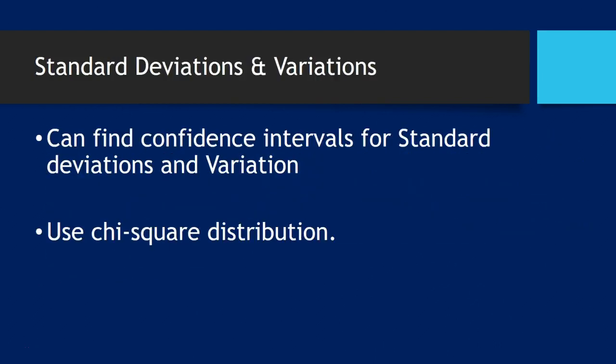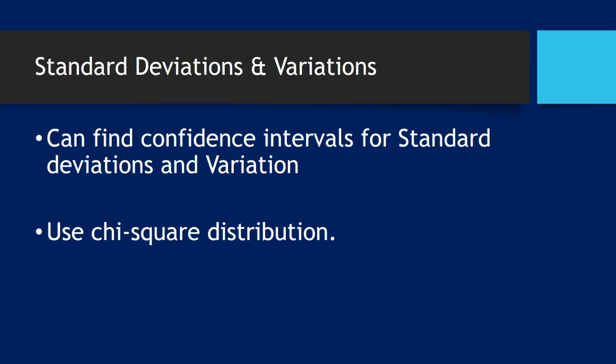The last thing I'm going to mention in this chapter is that I talked about earlier that we do confidence intervals for averages, and we do confidence intervals for proportions. We just saw how to do sample sizes for averages and sample sizes when dealing with proportions.